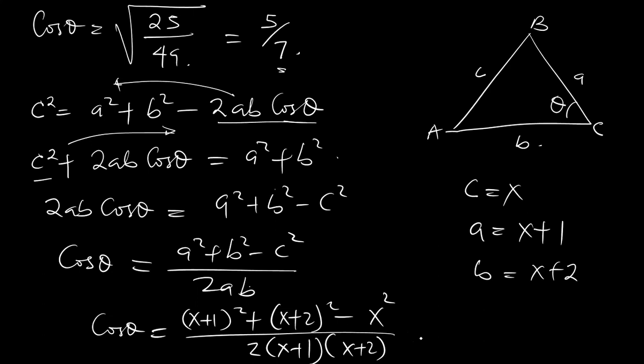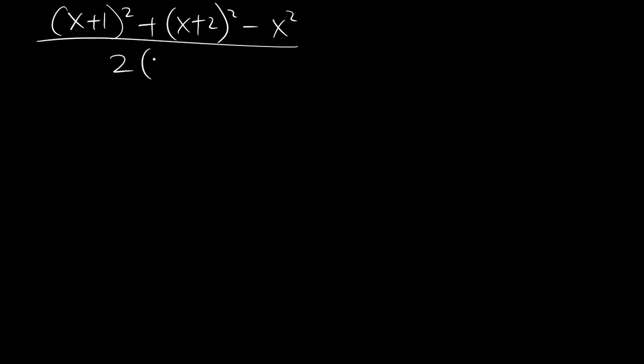And this expression is equal to cos theta, which is the same thing as 5 over 7. So that means we now have x plus 1 all squared plus x plus 2 all squared minus x squared divided by 2 times x plus 1 times x plus 2 equal to 5 over 7.